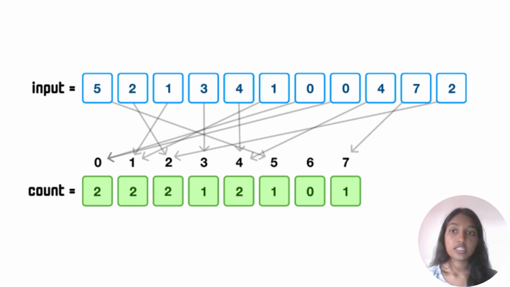So we can also see that 0 appears twice, 1 appears once, 2 appears twice, 3 appears once, 4 appears twice, 5 appears once, 6 doesn't appear at all, and 7 appears just once. So all we need to do is build up our sorted output array with this information, like this.